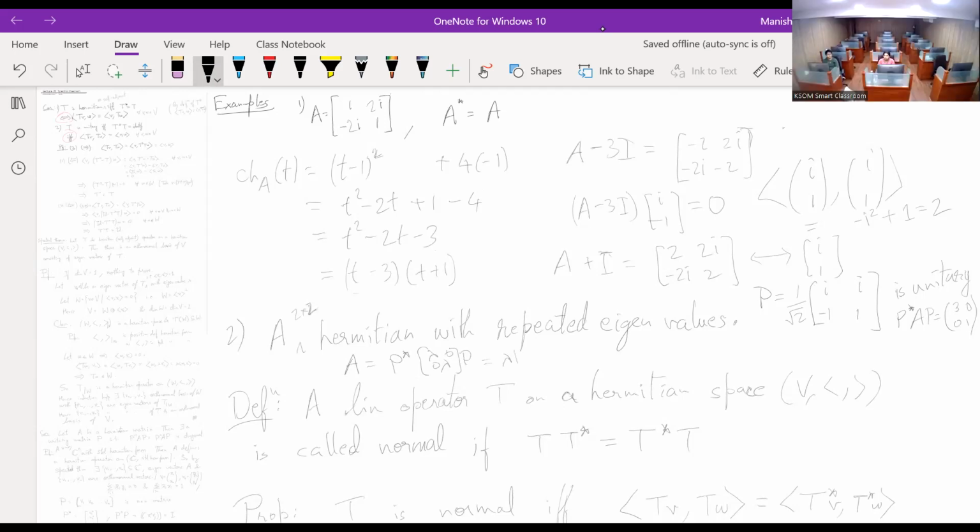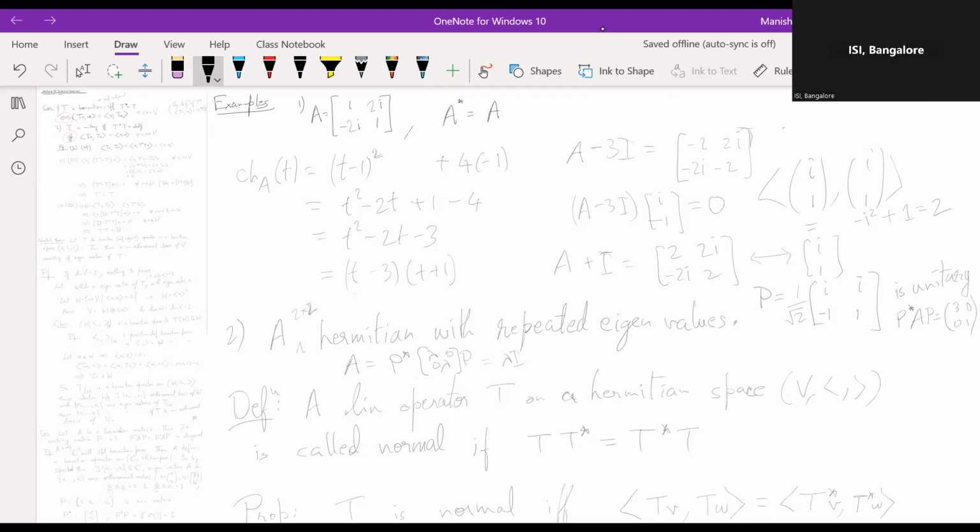This is just lambda I, because the middle guy is lambda I, so you can just pull it out. And P star P is identity. So what it tells you is that a 2 by 2 Hermitian matrix with repeated eigenvalues is basically a scalar matrix. There is no other way.